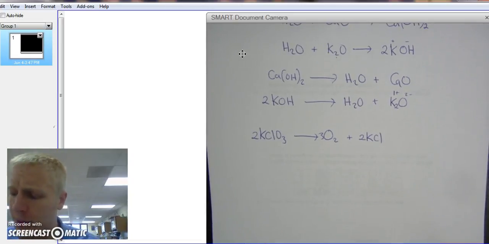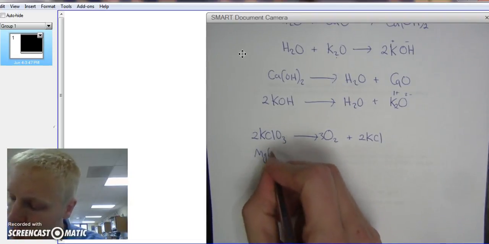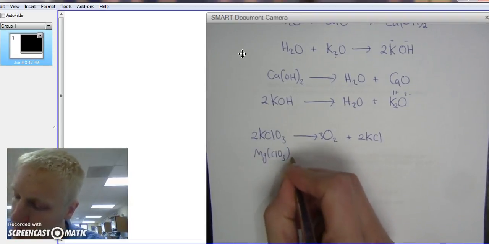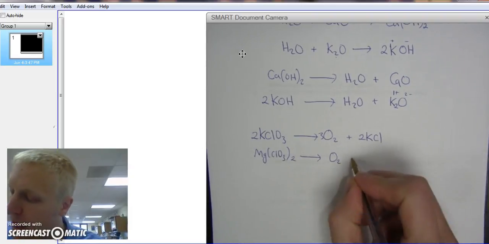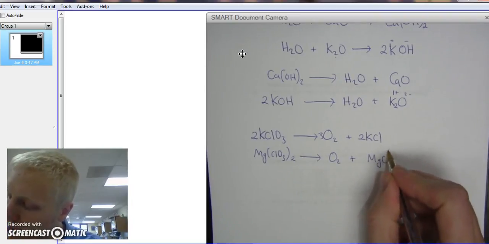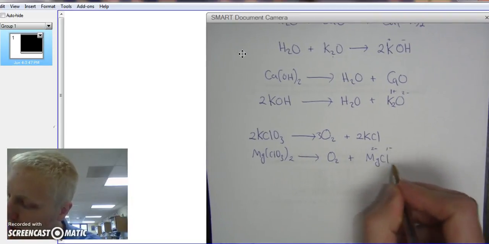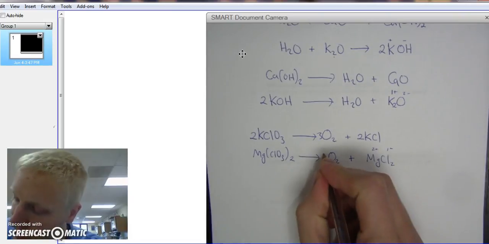Doing another example, let's find another chlorate. Why don't we do magnesium chlorate? This is going to, again, form O2 gas and a chloride, MgCl. 1 minus, 2 plus, crisscross it, MgCl2. 3 times 2 is 6. So we're going to need 3.